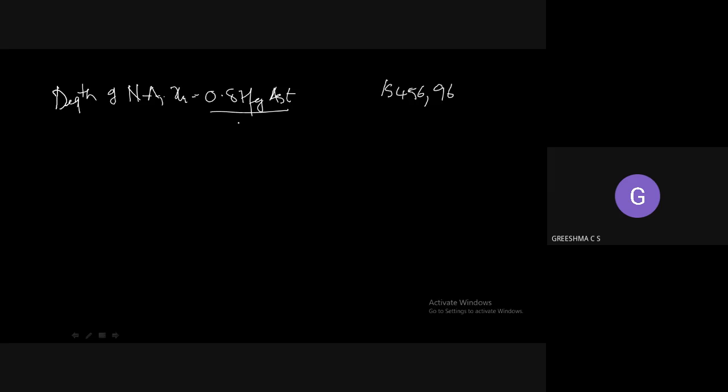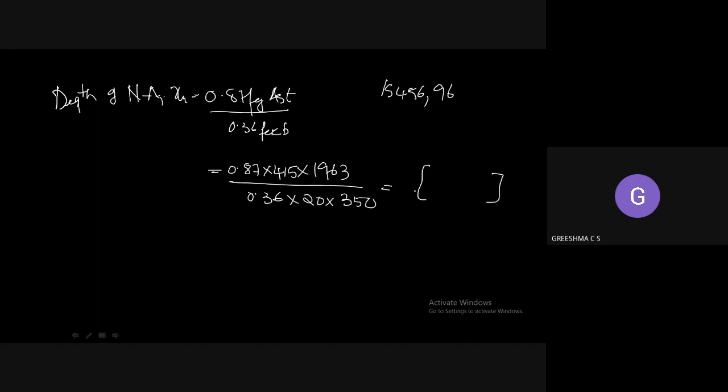XU equals 0.87 FY AST divided by 0.36 FCK into B. Substitute the values: 0.87 into FY, which is 415, AST is 1963, divided by 0.36 into 20 into 300, B. Tell me how much is the value of XU. Tell me the XU value.